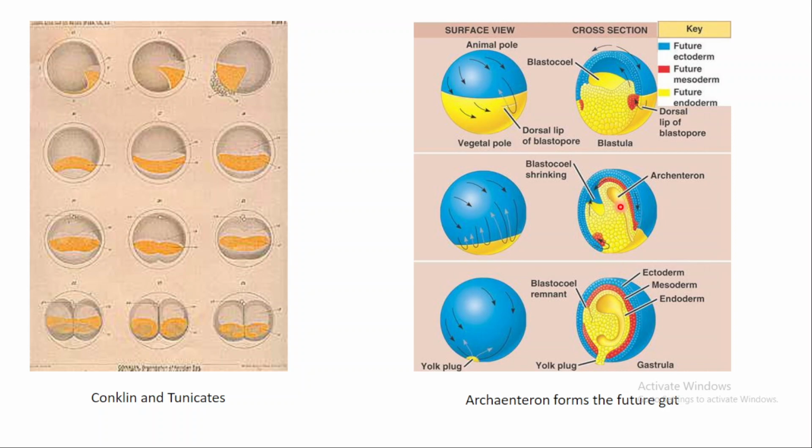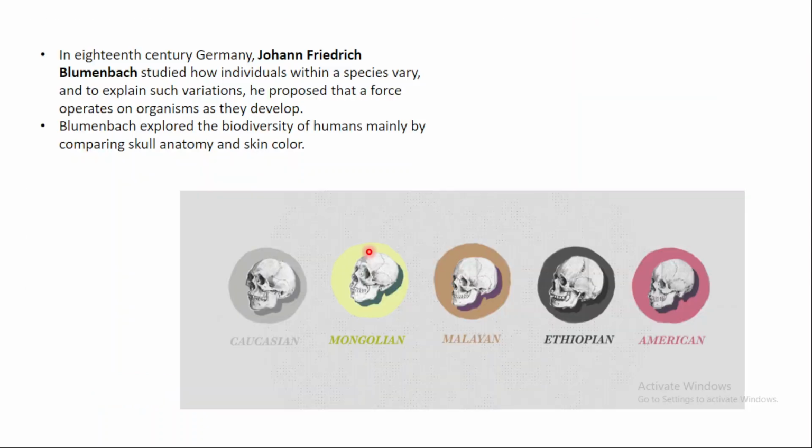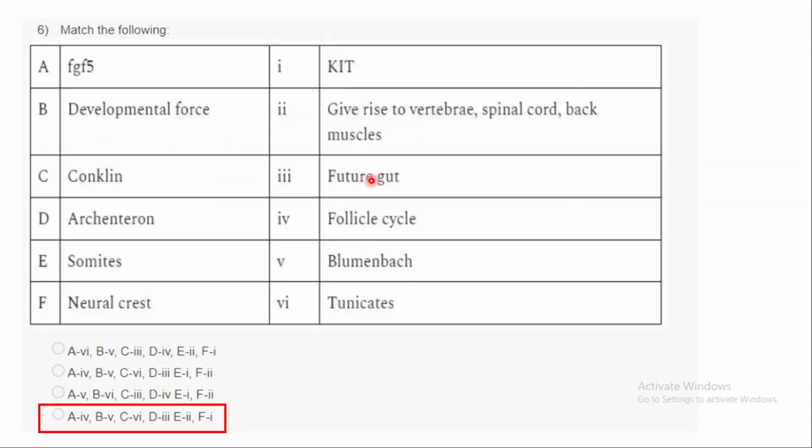The archenteron is the cavity which is displacing the blastocoel during gastrulation. The blastocoel is the one empty cavity. After the cortical rotation and invagination of cells via the blastopore lip, a second cavity is formed, which is called the archenteron, which forms the future gut. So archenteron will match with future gut.